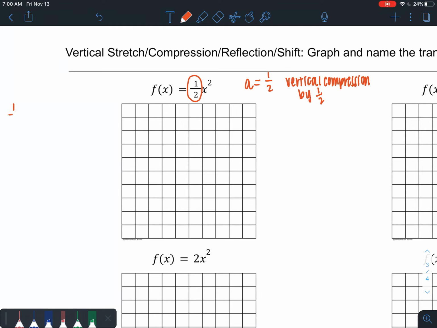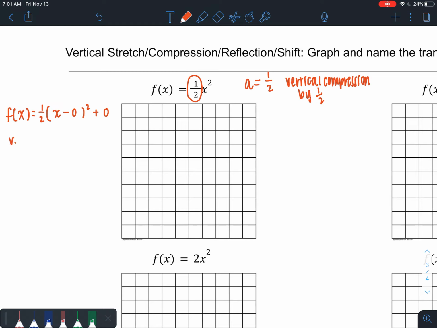If I were to rewrite this as f of x equals 1/2 times, and then I only have x squared, so I have a 0 and a 0.